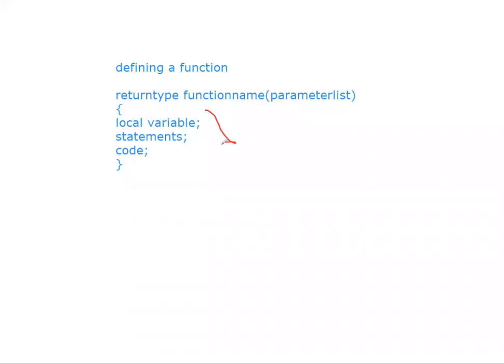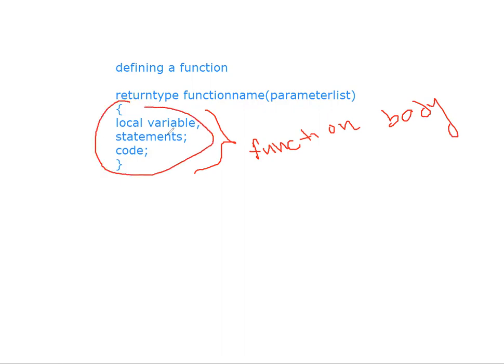In this place, flower bracket begin and flower bracket close are called the function body. This is the function body.